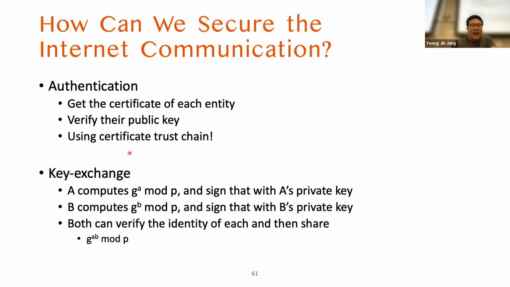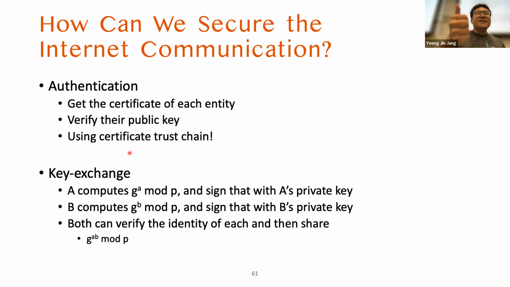So how we establish a secure communication channel is that, suppose there are two users, user A and B, then they will ask for their certificate. And when they are sending the Diffie-Hellman exchange material, the numbers, they can send the certificate and the signature of it.